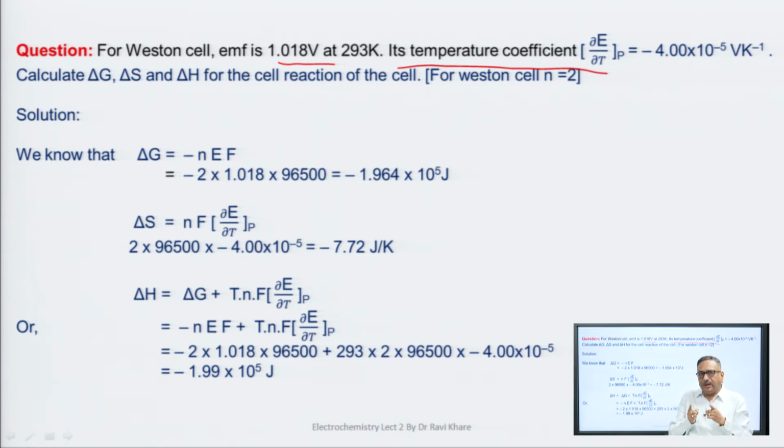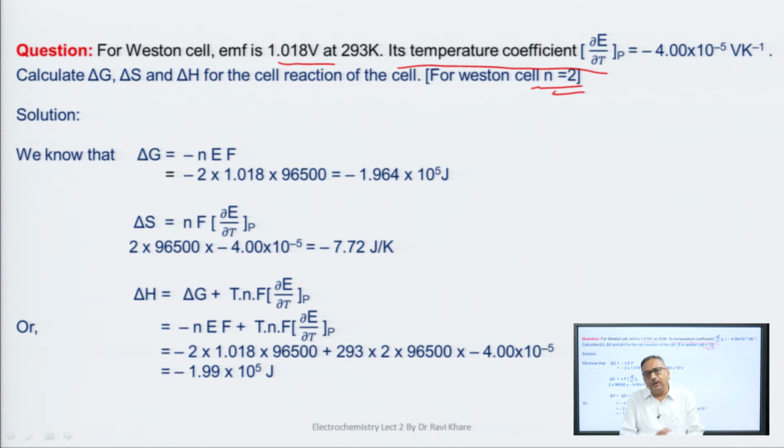You are given the EMF of the cell at 293 K, you are given the value of the temperature coefficient, and for the Weston cell n is 2.